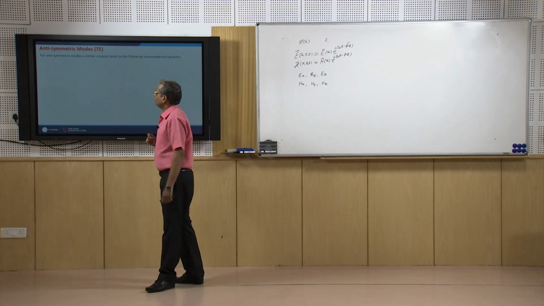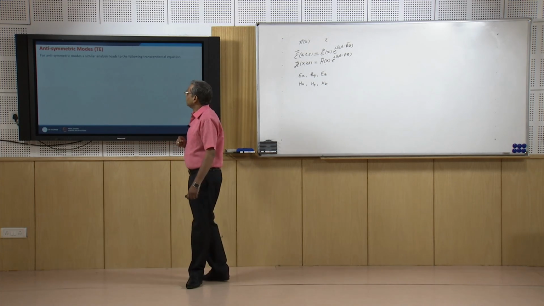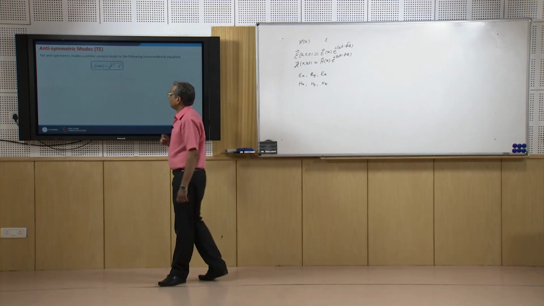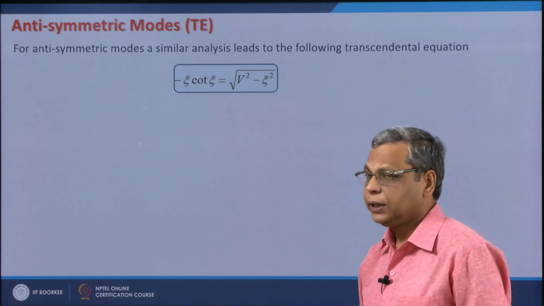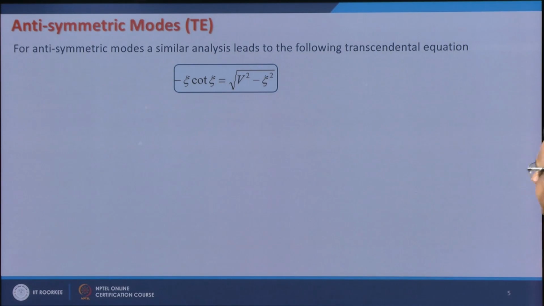Similarly, if I do the analysis for anti-symmetric modes in the same way, it leads to the transcendental equation minus xi cot xi is equal to the square root of v square minus xi square.